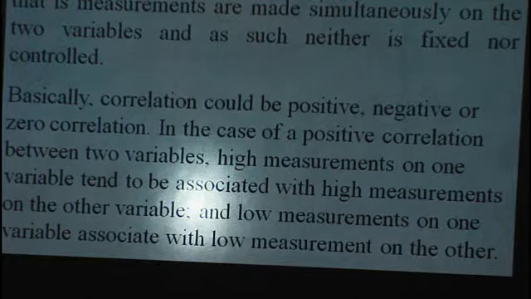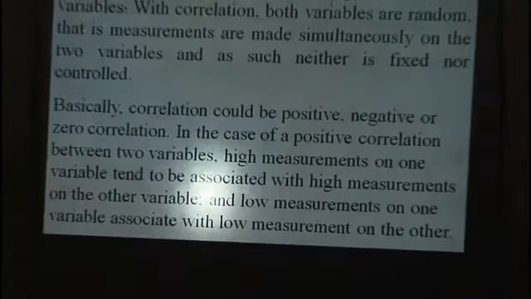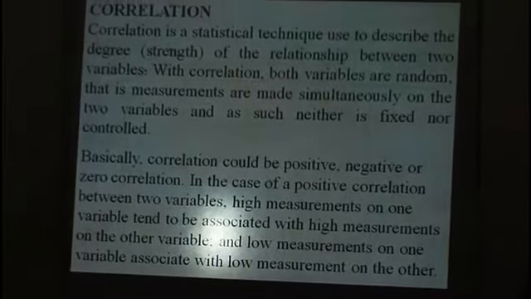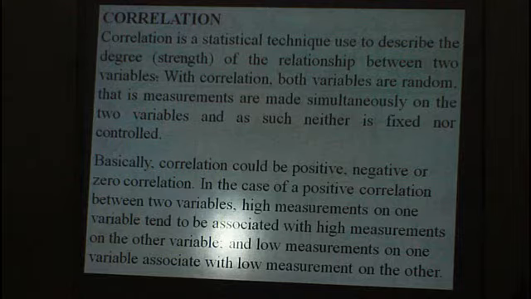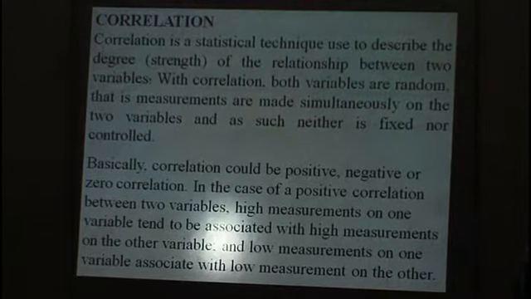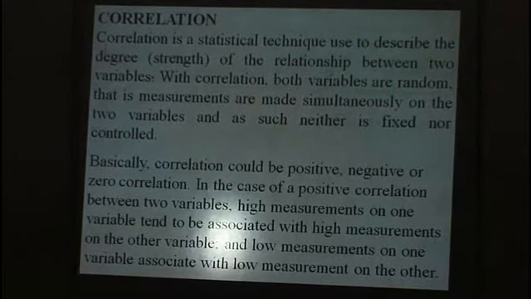Now, when we say a correlation is positive, what it means is that the increase in the effect of one variable tends to an increase in the effect of the other variable, and vice versa.